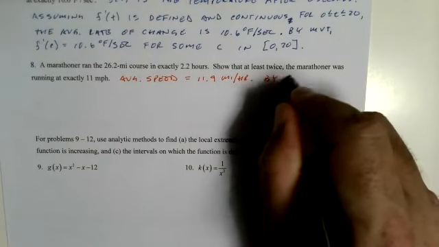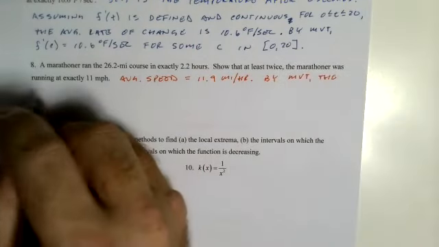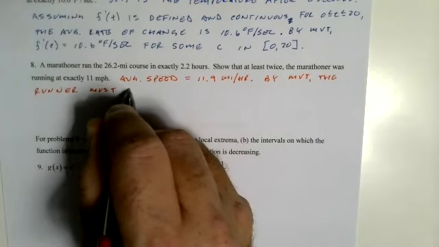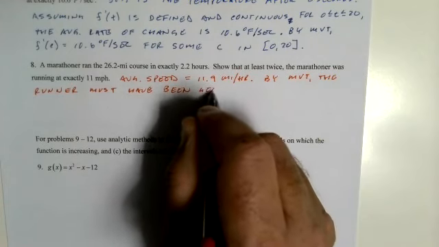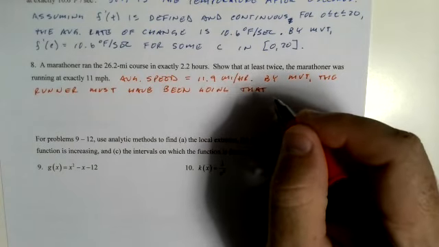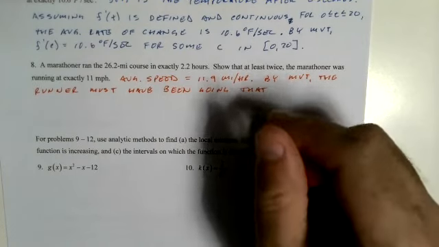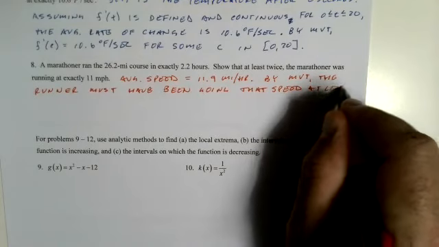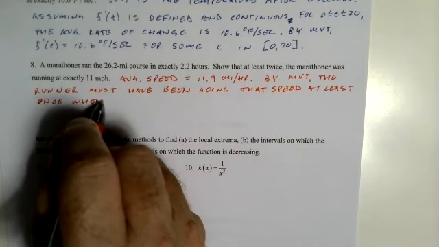By the MVT, the runner must have been going that speed at least once when getting up to speed.